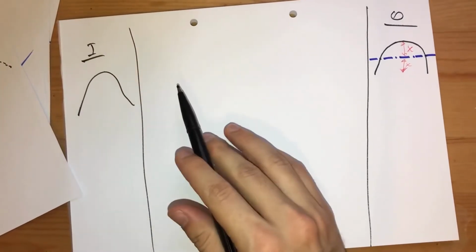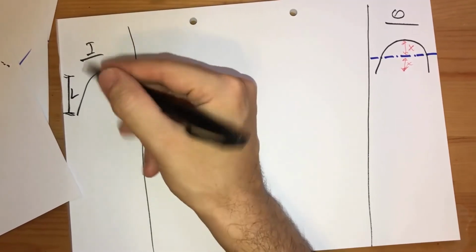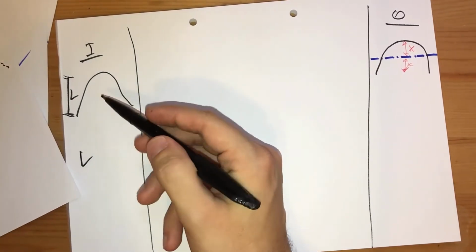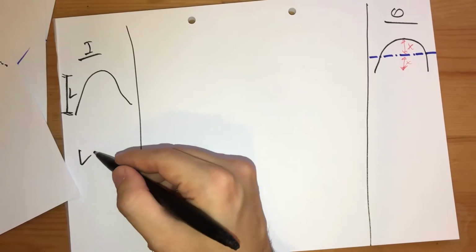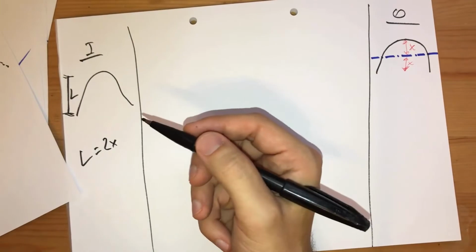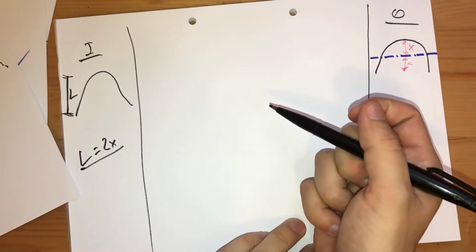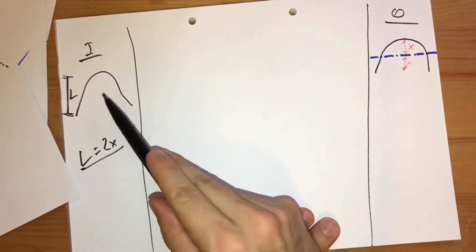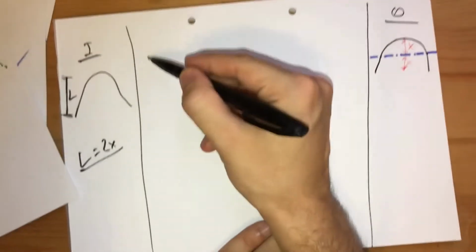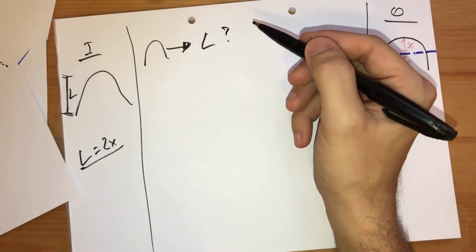If the entire depth is L, so let's start by saying the total distance from top to bottom of the smile itself is L, then that equals 2x. Let's keep that in our mind. That's our definition going forward. But if all we have is this, how do I go from this to L?